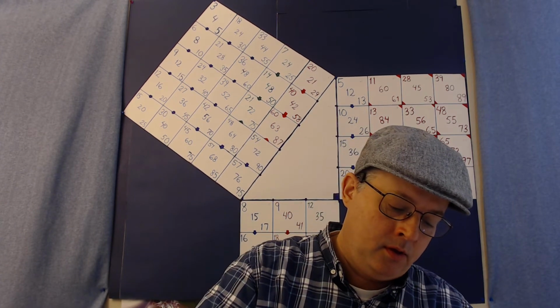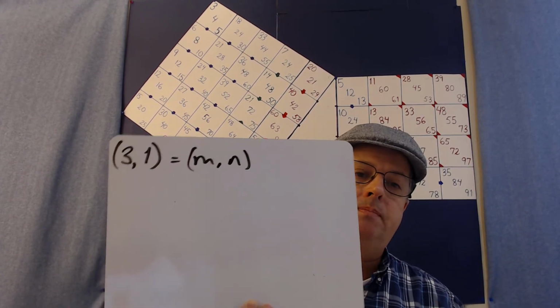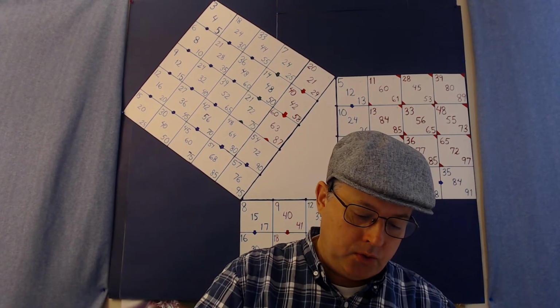Let's take, for instance, 3, 1. So if we have 3 and 1 as our m and n values, then we would say 2 times 3 times 1, and that would give us 6.